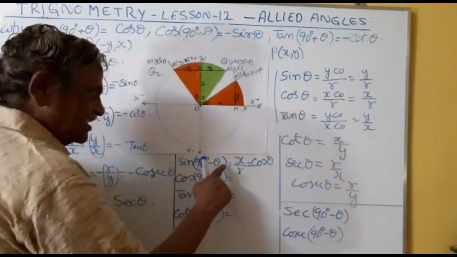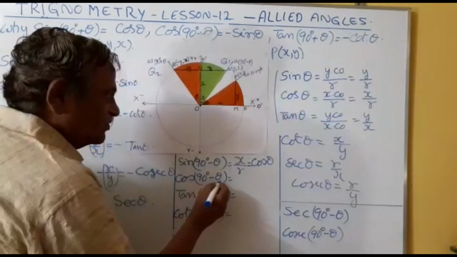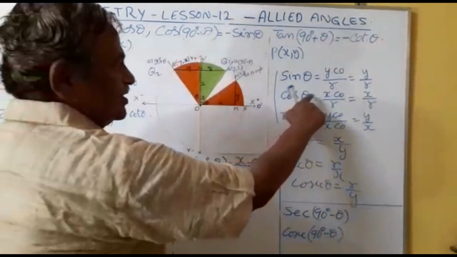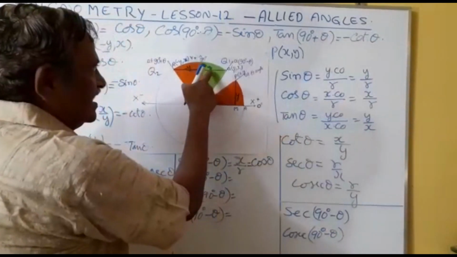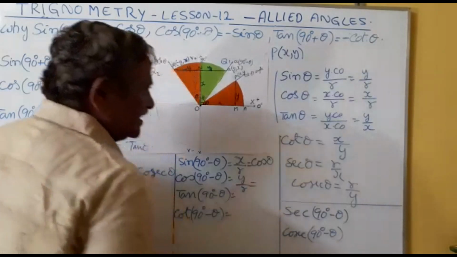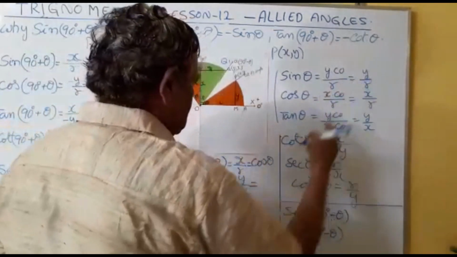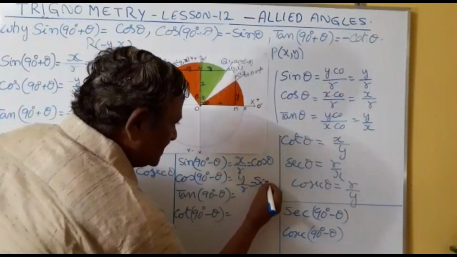Therefore sin 90 minus theta equal to cos theta. Now cos 90 minus theta equal to, cos definition is x coordinate by r, and the x coordinate here is y, therefore y by r, which is sin theta. Therefore cos 90 minus theta equal to sin theta.